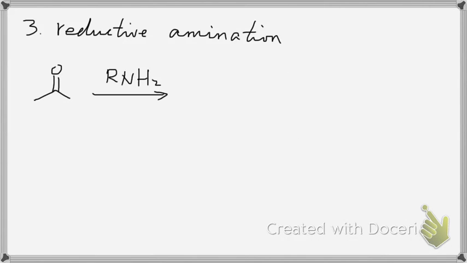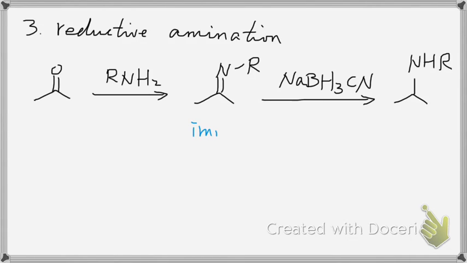The third reduction is called reductive amination. Amination means introducing an amino group. The reaction has two steps. The first step is the one that we have talked about not long ago, the imine formation, a reaction between a carbonyl and a primary amine.